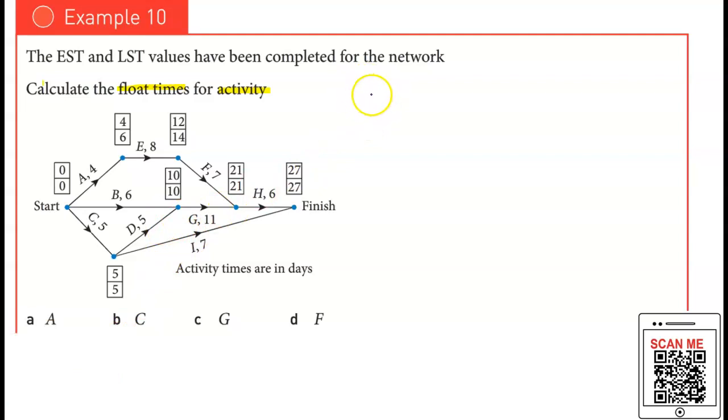Let's look at the first part. Okay, so this is the float time for A. How do I find the float time of A? So I look at the ending of the A activity, the LST value, minus the time of the activity, and minus the start of the activity, EST value.